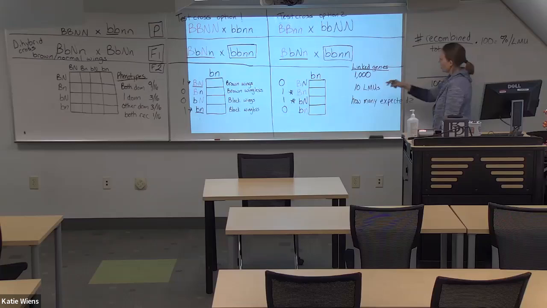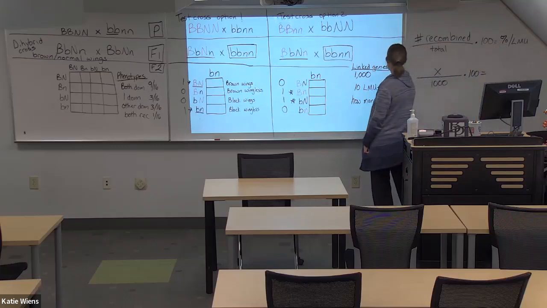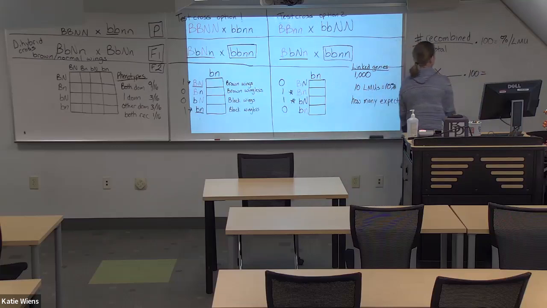So your number recombined is X that you're going to need to solve for. I told you linkage map units, but linkage map units are the same thing as percentages. So 10 linkage map units equals 10%. So we are just going to put 10 here.